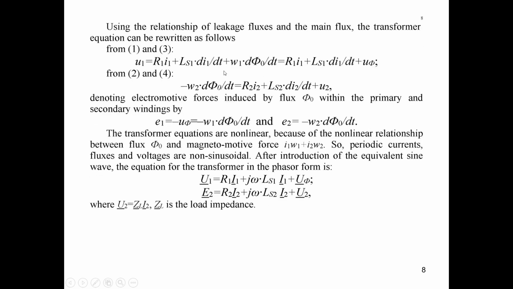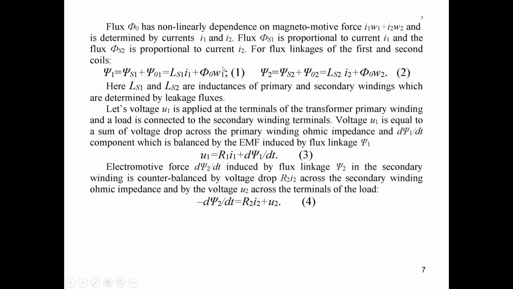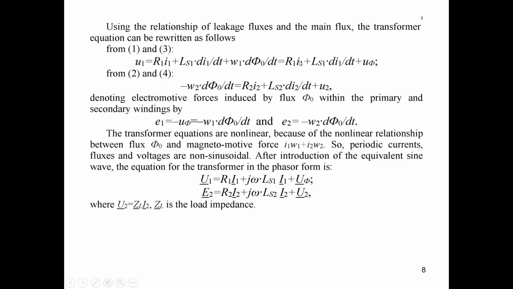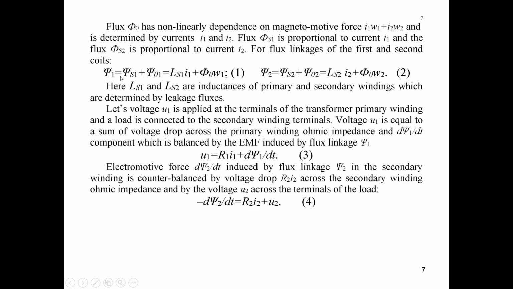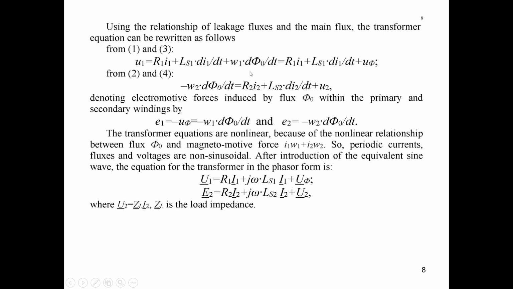You see, it is here. And then, when we substitute here, it will be W1 dΦ0 by dt. So we just substitute this expression for Psi1 in the expression for voltage drop across the first winding, and we get such an expression. Then we should rearrange it.